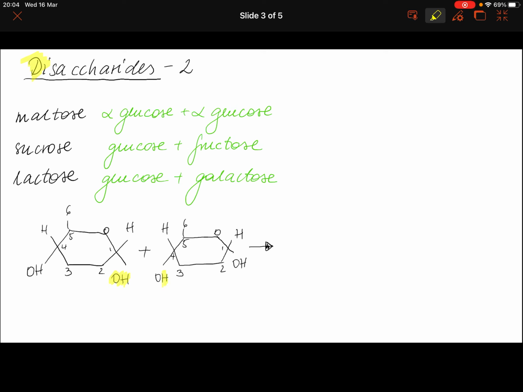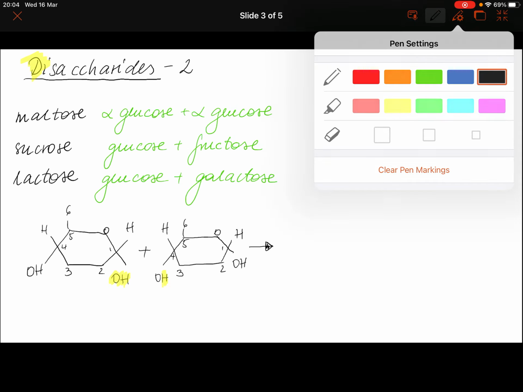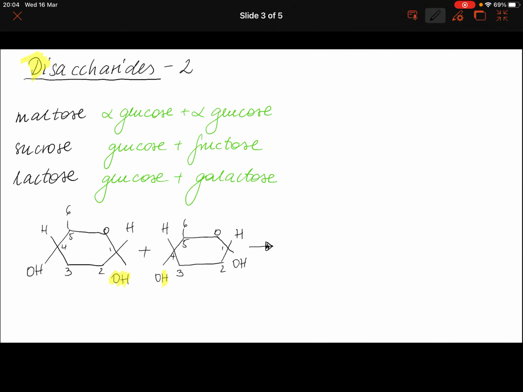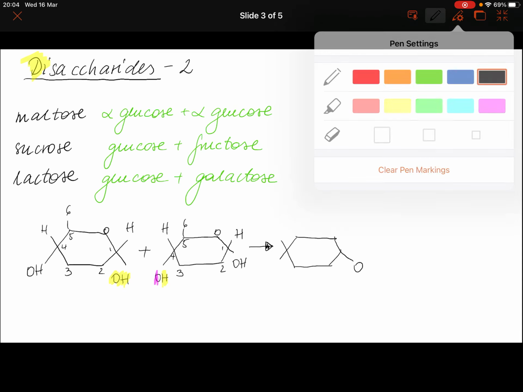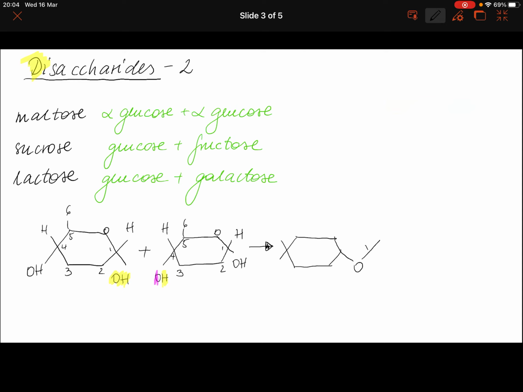The water molecule will be removed from the OH groups. Following the condensation reaction, we now achieve a disaccharide. So we've got the oxygen that was left out here. This is our disaccharide.